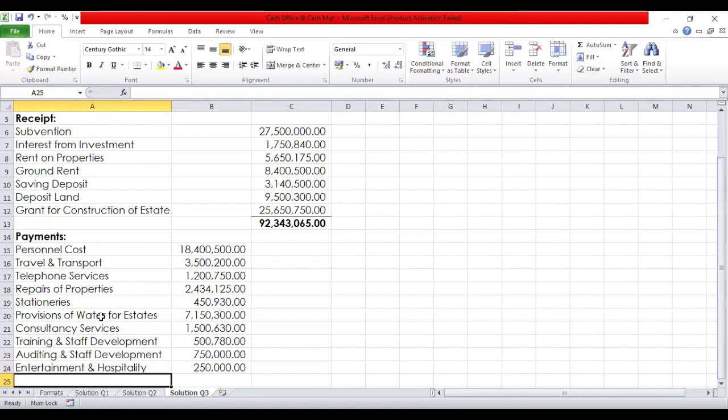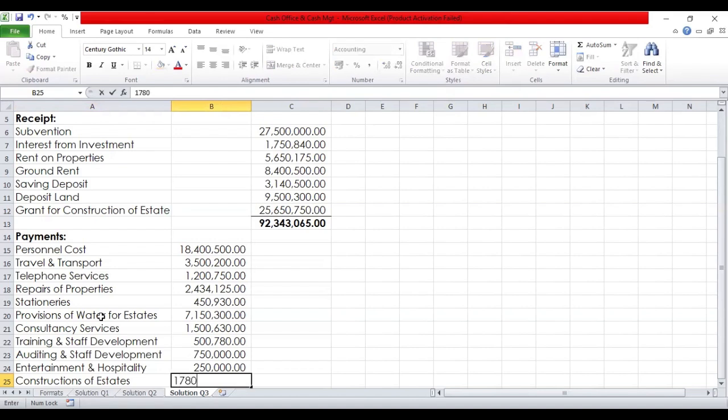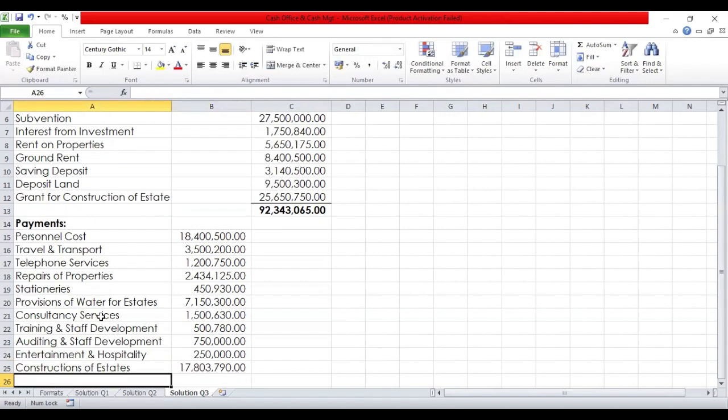Construction of estate. How much? 17,803,790. Correct?